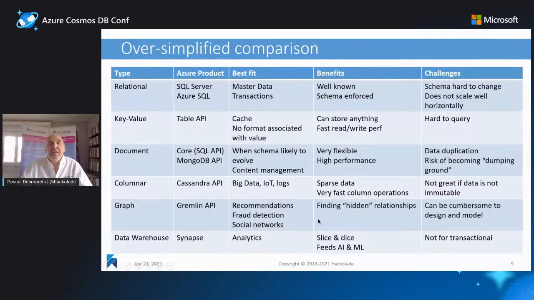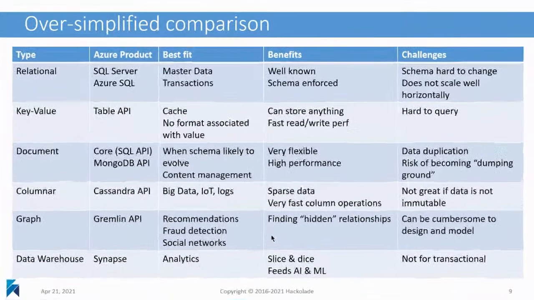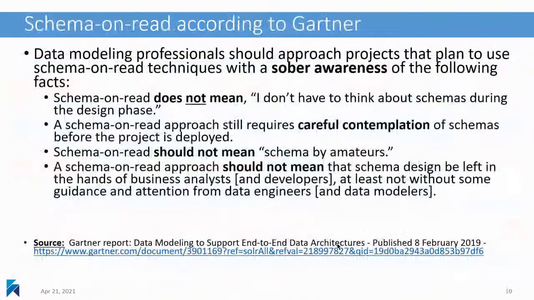They're great for finding hidden relationships that you didn't know existed when you did your design, but that you can figure out through traversal of the graph through your queries. But they can be a bit difficult to model. And data warehouses, like Synapse, help you slice and dice the data for analytics. But of course, they're not for transactional use cases.